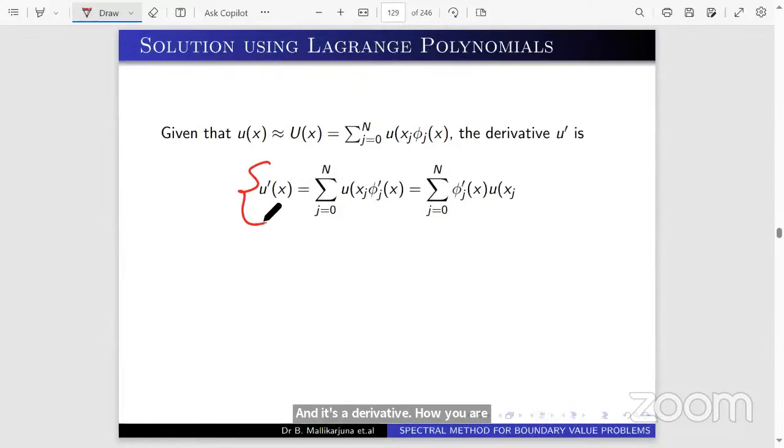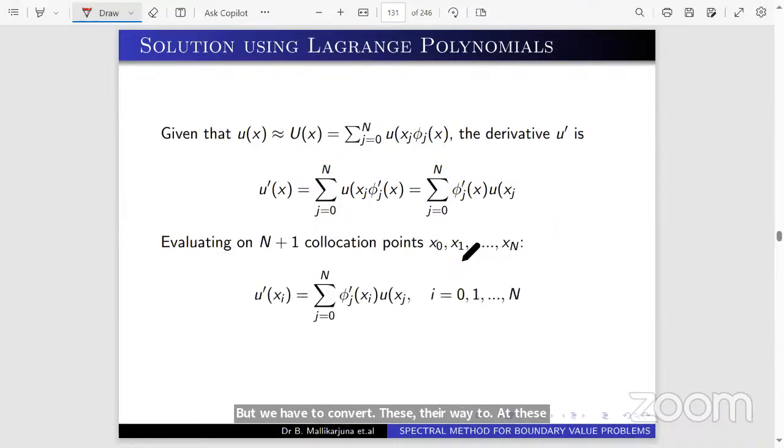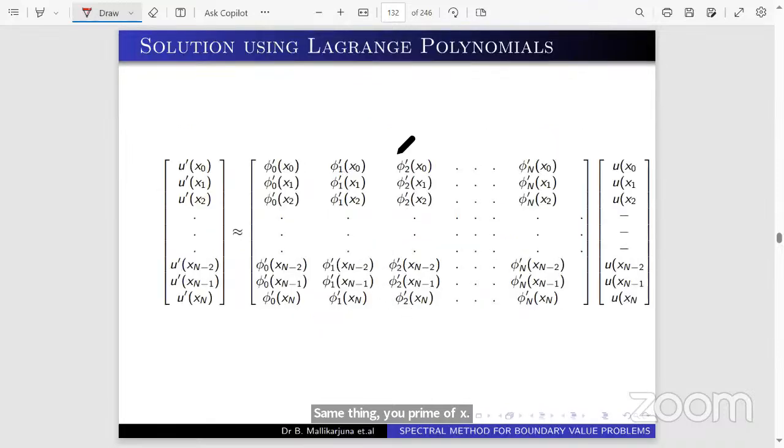How are you going to find this derivative? u prime is the sum of u of xj into pi j prime of x. But we have to convert these derivatives at these points in terms of -1 to 1. The same thing: u prime of x, pi j prime of x, u of xj, converted into matrix form.